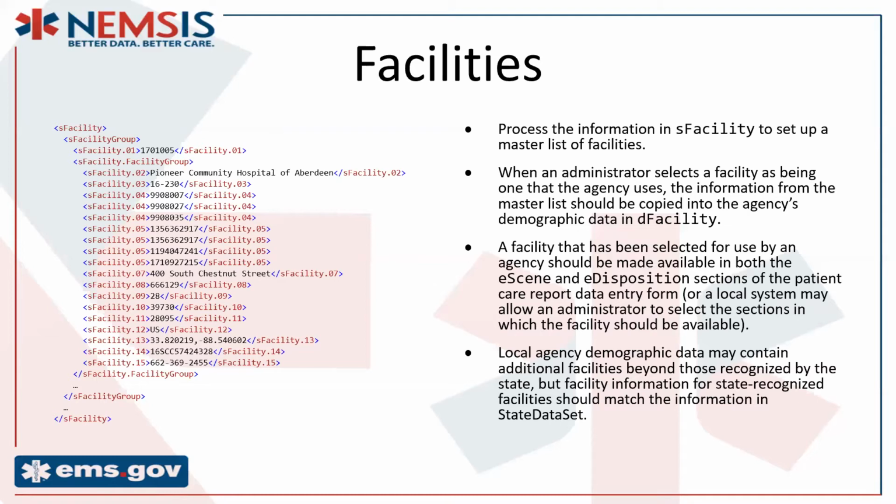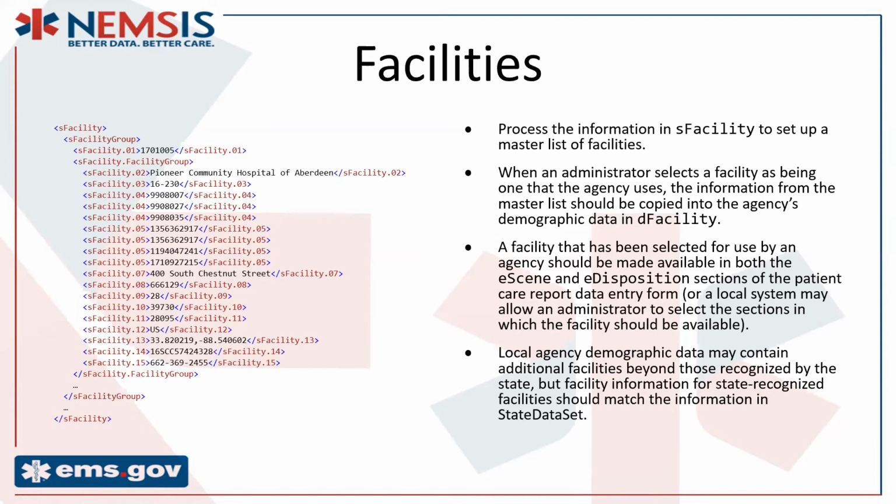When you export demographic data to the state, it should contain a list of facilities that the agency works with. That list should essentially be a subset of the facilities that are in the state's master list. So the state will provide a list of all their facilities statewide. They might have 50 hospitals around the state, plus other types of facilities. But the agency, your customer, they work with, say, 5 or 10 of those 50 hospitals.